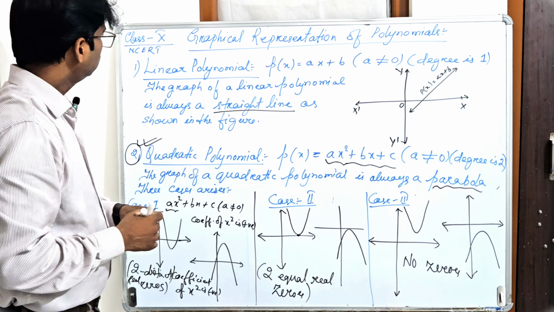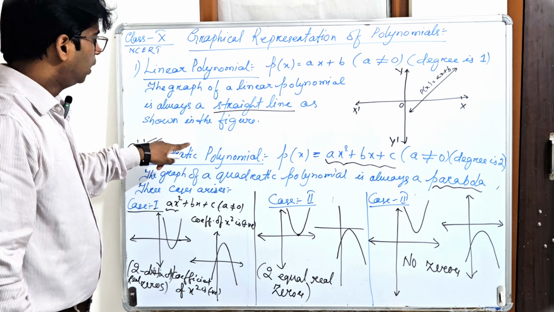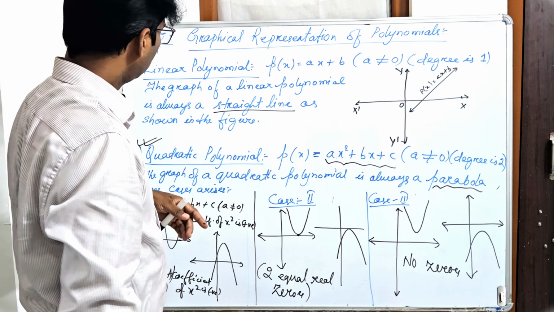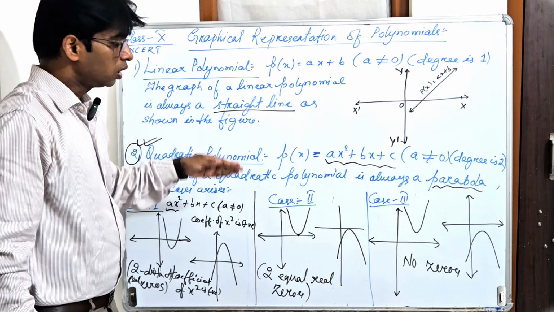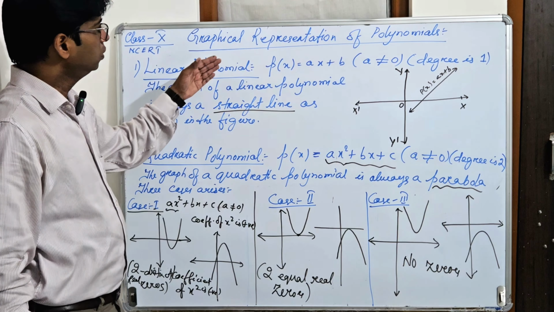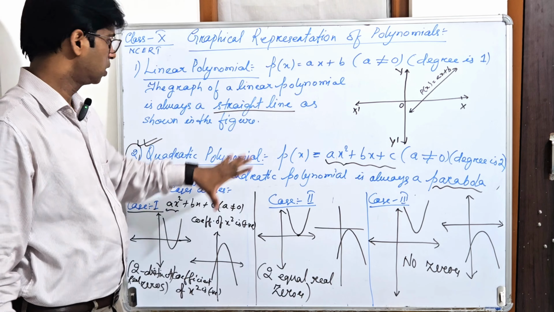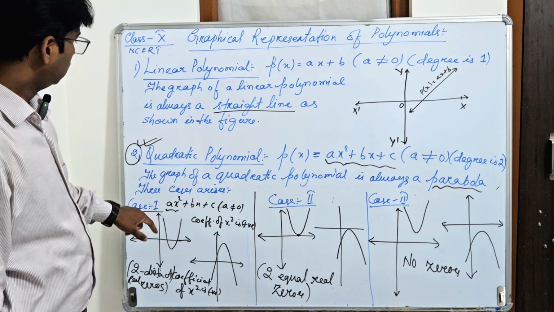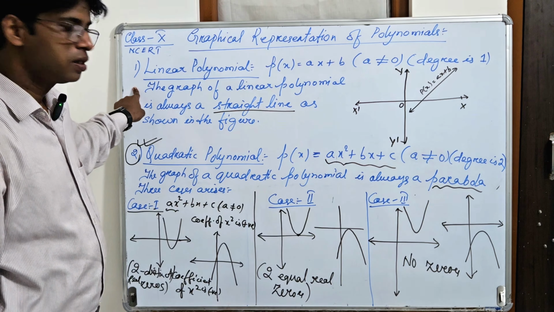So this is all about the graphical representation of a linear polynomial and a quadratic polynomial. This is a general topic, and broadly, I will be putting some examples and then drawing a parabola for you. Whatever was discussed today regarding the graphical representation of polynomials is a short discussion about a linear polynomial and a quadratic polynomial, and it is a topic in the class 10 Polynomials chapter.